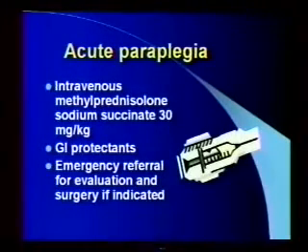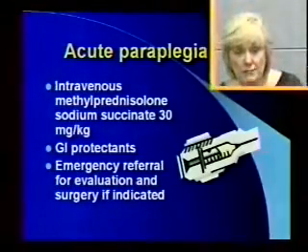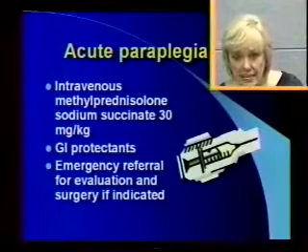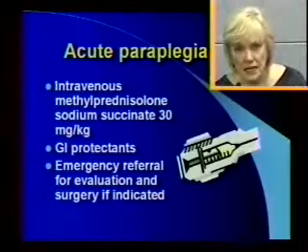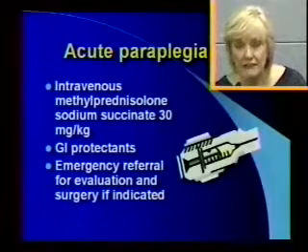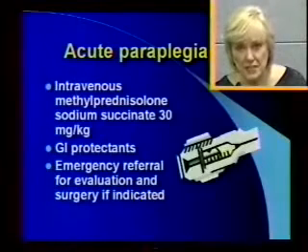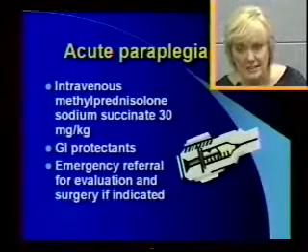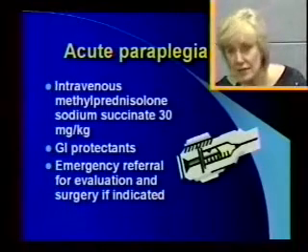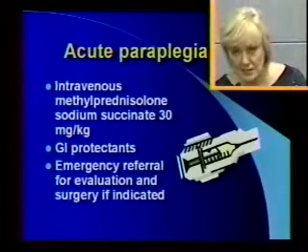You give them some kind of GI protectant like cimetidine or Pepcid AC, famotidine, and then you refer them to an emergency center that can do surgical decompression, because there's plenty of experimental data out there to show that this combination of giving them the Solu-Medrol immediately and then getting them in for decompressive surgery immediately gives the spinal cord the best chance of recovery. This deal about waiting 3 days and see if they get better and then refer them for surgery just doesn't cut it.